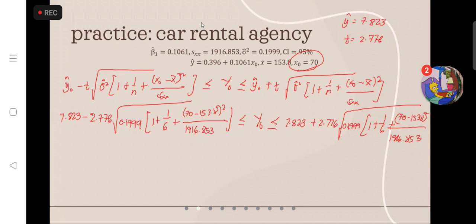Yes, miss. Okay, so what is our confidence interval for our new observation?